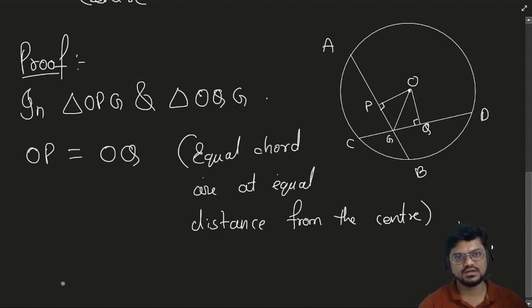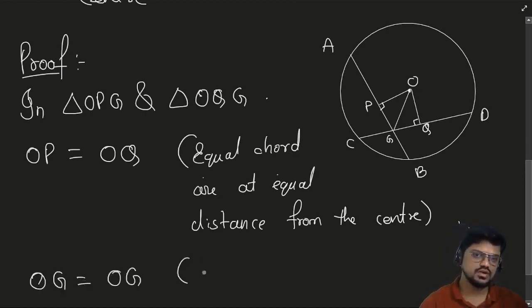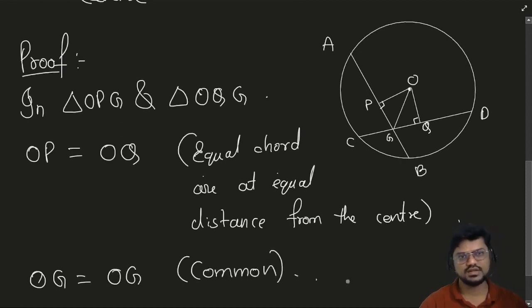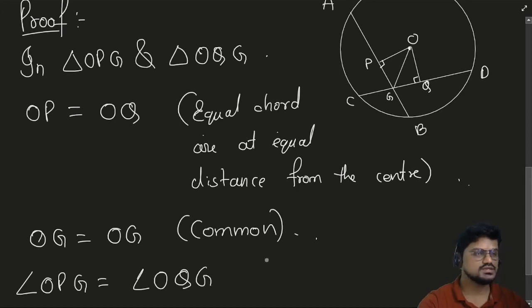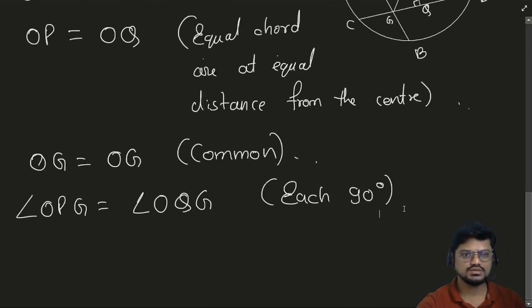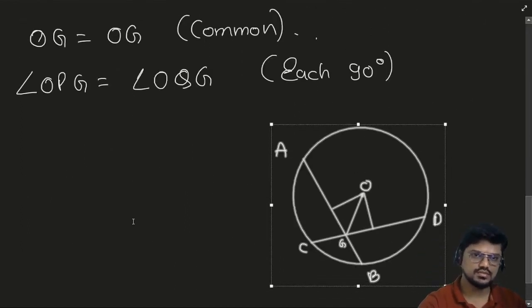After that, the other thing you have is OG equals OG. What is the reason? Common. And the next thing is angle OPG equals angle OQG. What is the reason? Each 90 degrees.